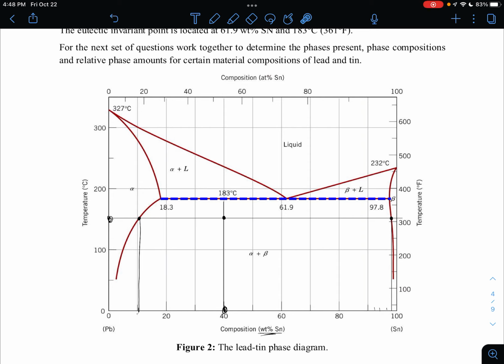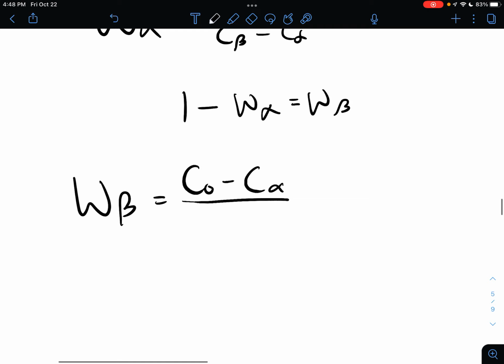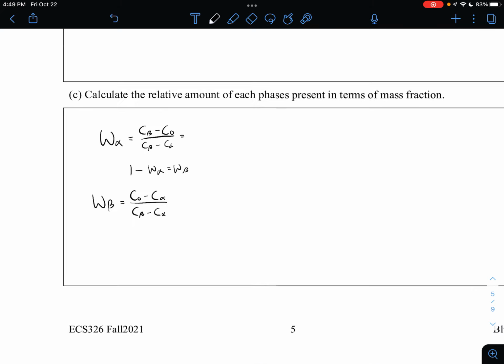This smaller piece is going to be our C naught, or C0, minus our C alpha, to get this chunk, and then it's this over the full length again. So our C naught minus C alpha to get that left side, divided by the whole thing, the larger one, C beta, minus the smaller one, C alpha.